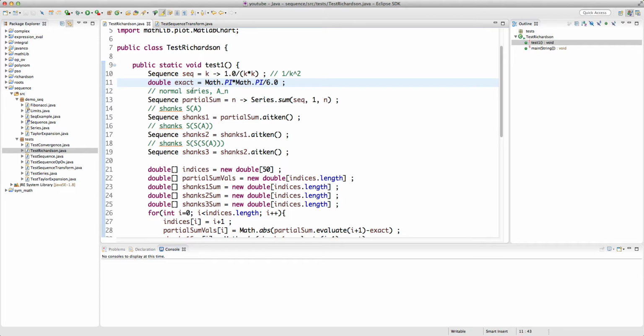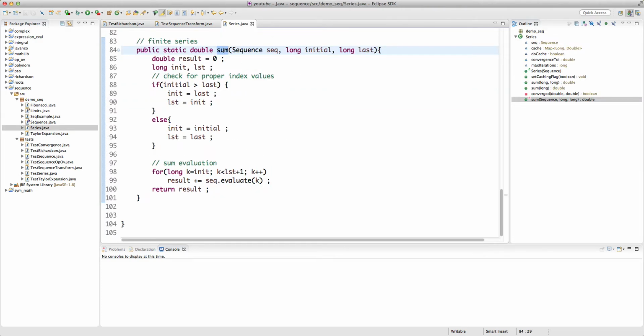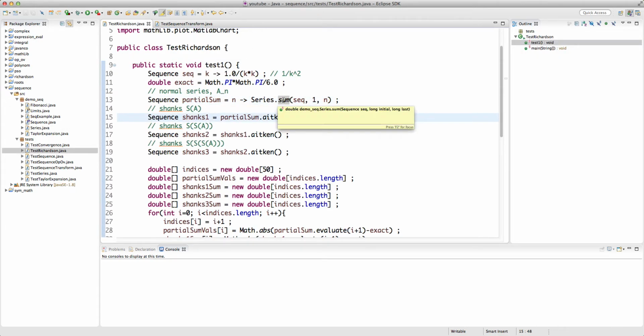And then if you recall, the way we calculate the partial sum is, it's going to be a sequence object. n goes to, this is a lambda expression, n goes to, we call the Series class and call its static sum method. We pass in the sequence, so this sum method basically takes the sequence, initial and last, okay? We're summing from 1, not 0, to n, all right? And this gives us the partial sum.